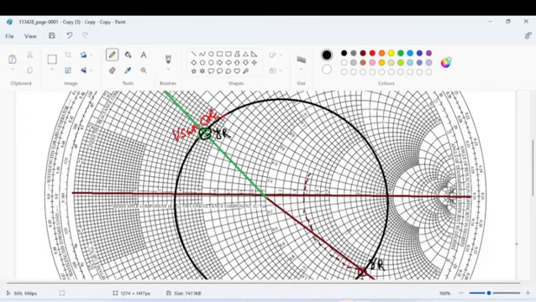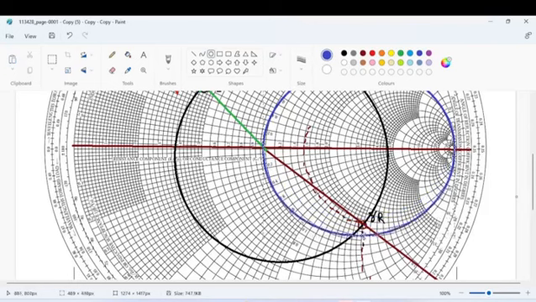After this, you have to draw a circle. Which circle? You have to draw the 1 plus jb circle.